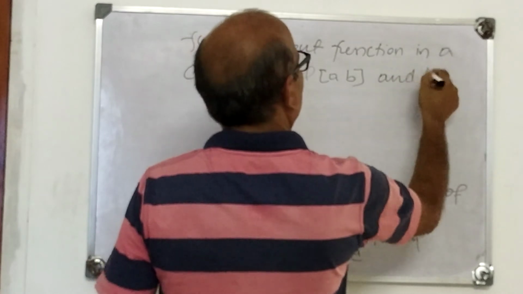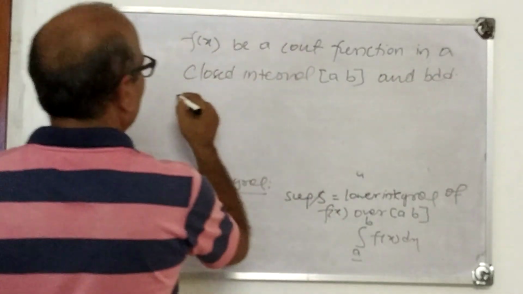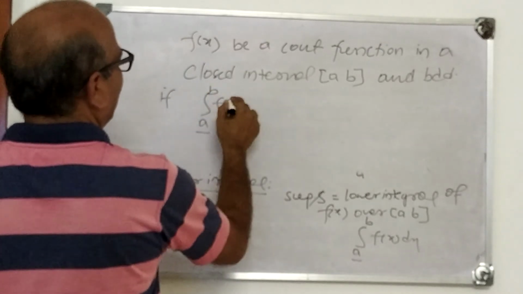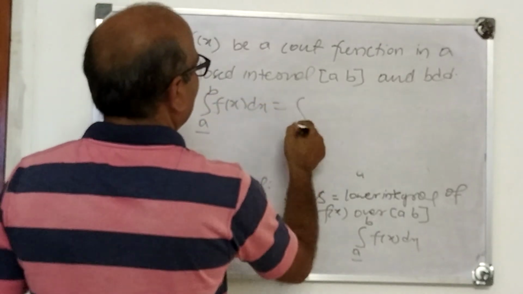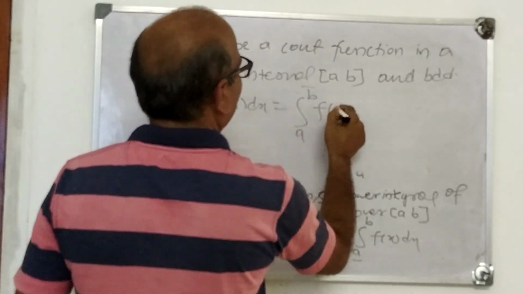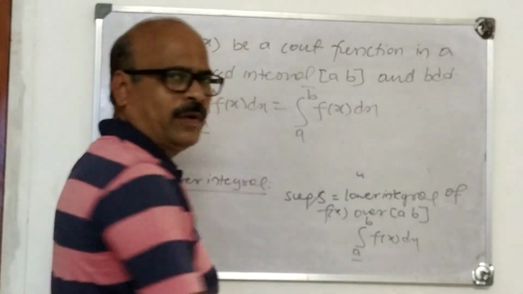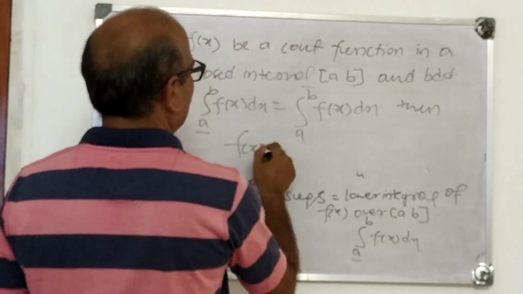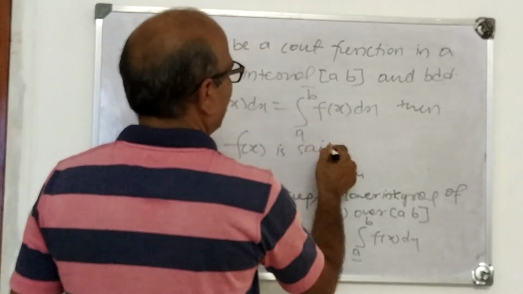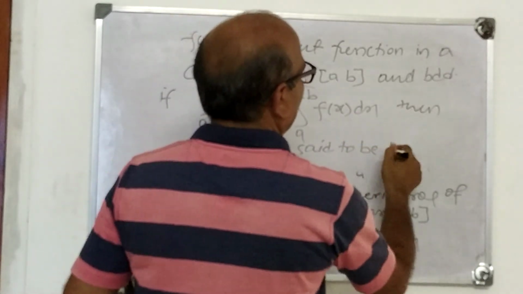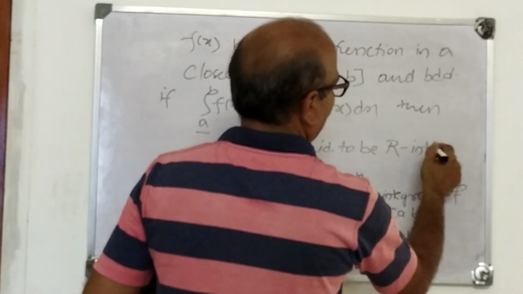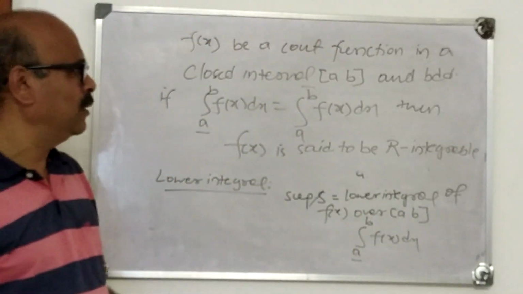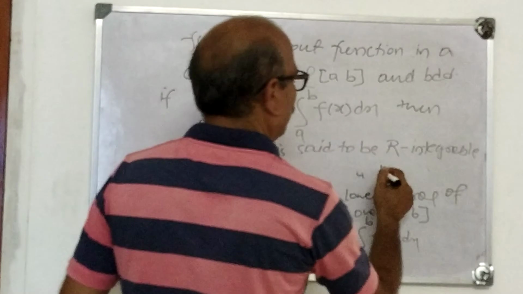If the lower integral, integral a bar to b of f(x) dx, is equal to the upper integral of f(x), a to b bar, f(x) dx, then f(x) is said to be Riemann integrable, or simply R integrable in [a,b].